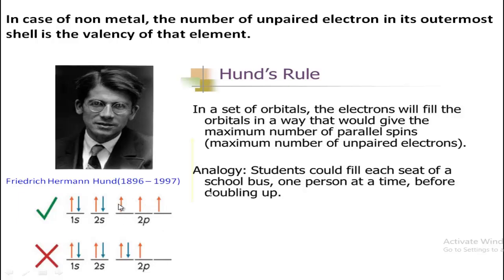That means it will make the maximum number of parallel spins, that is the unpaired state. At first each electron enters each p orbital clockwise, and if there are more electrons then they will enter again anti-clockwise, but at first they enter clockwise in each sub-orbital.